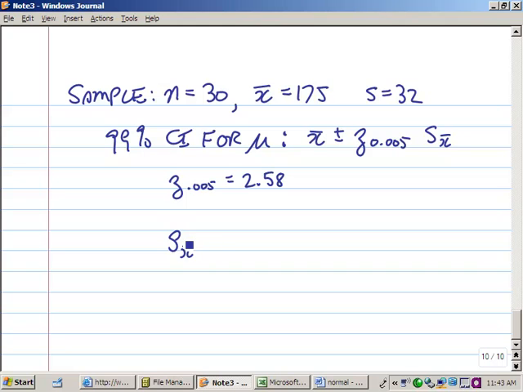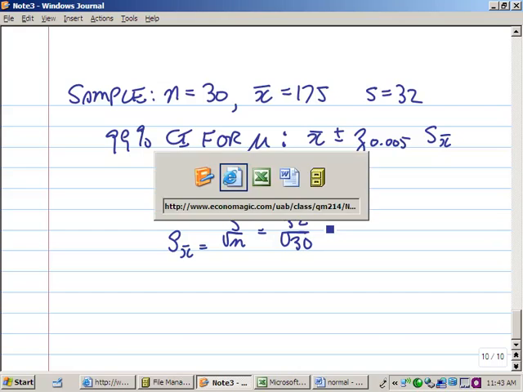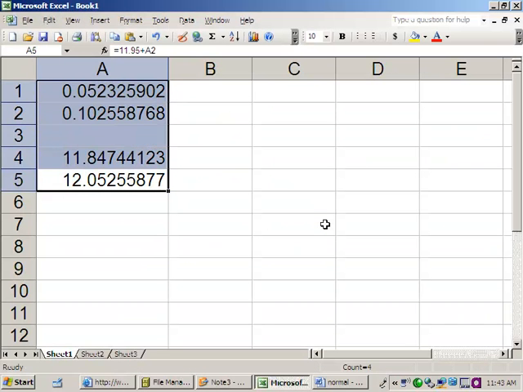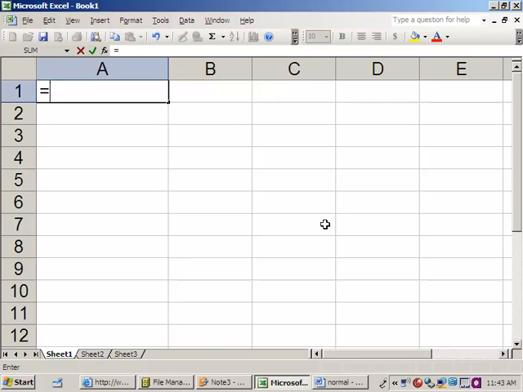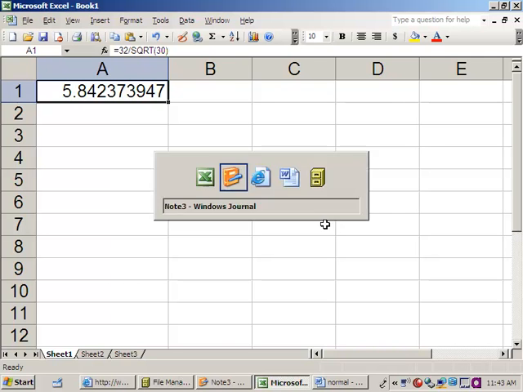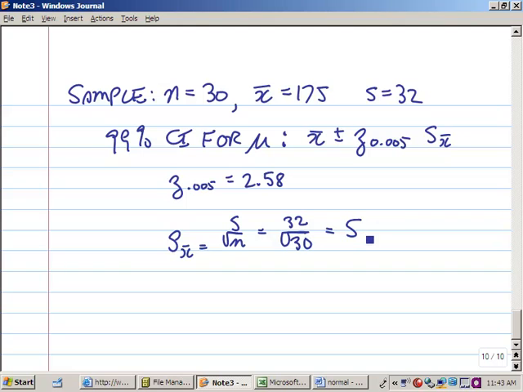Go up there and check it again if you like. The standard deviation S sub x bar is 32 divided by the square root of 30, which is 5.842. And this is all we need.